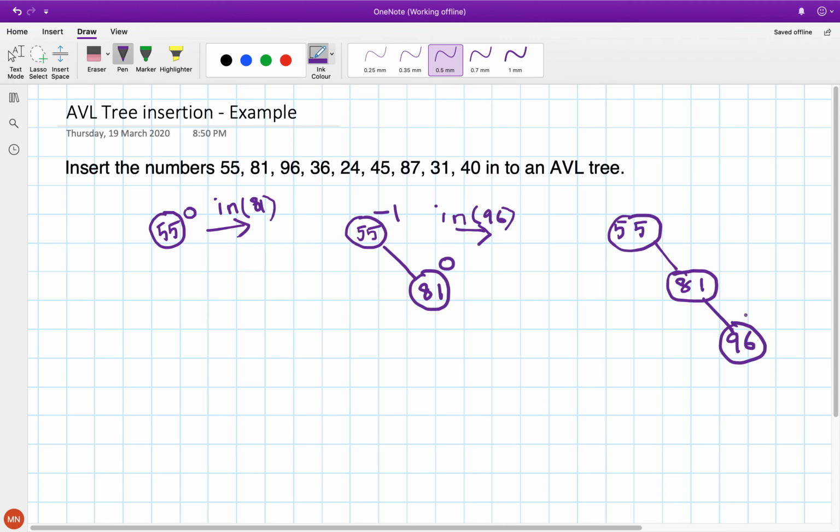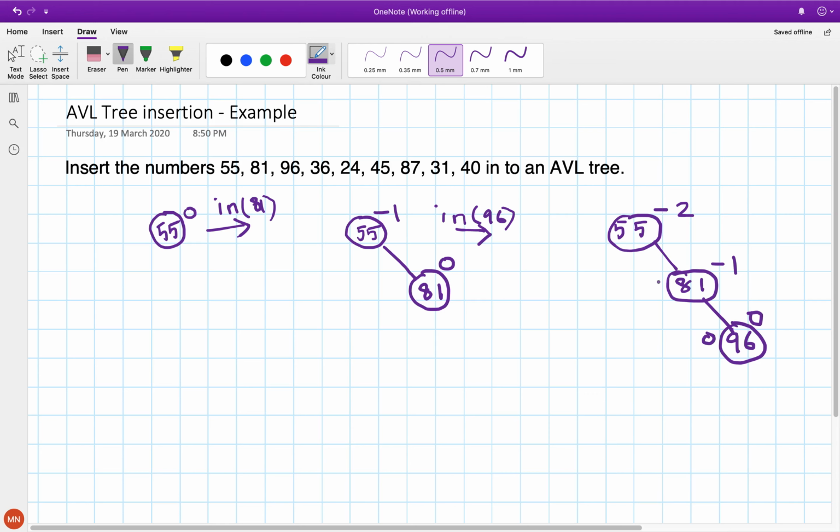Okay, now if you calculate the balance factor, this is 0, this has a balance factor -1 and this has a balance factor -2.